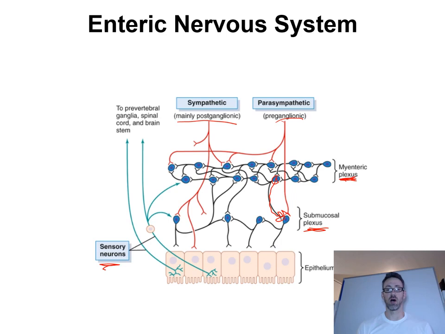So it can also partake in short loop reflexes as well. So instead of going back to the brainstem or the spinal cord, it may go back to the prevertebral ganglia, and then go from the prevertebral ganglia back to the GI, which creates like a short loop there. Or in some cases, the axon reflex, which I mentioned earlier.